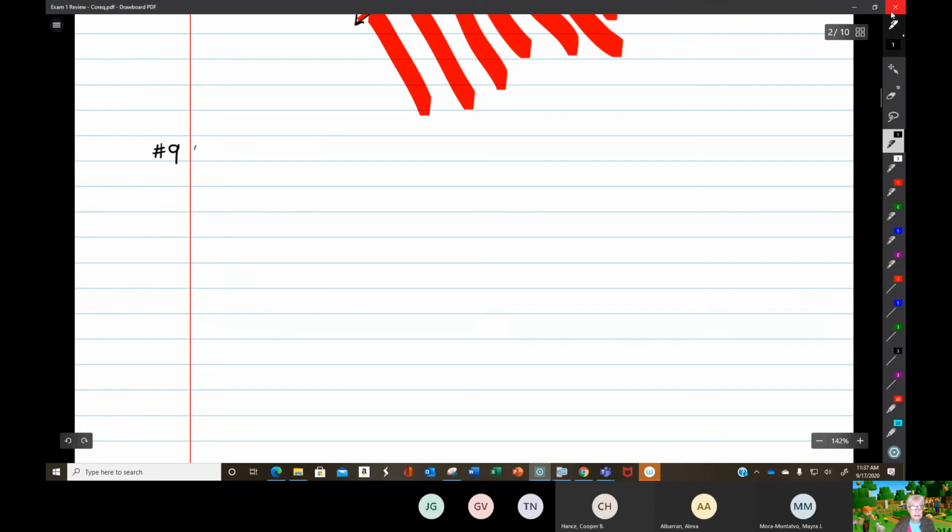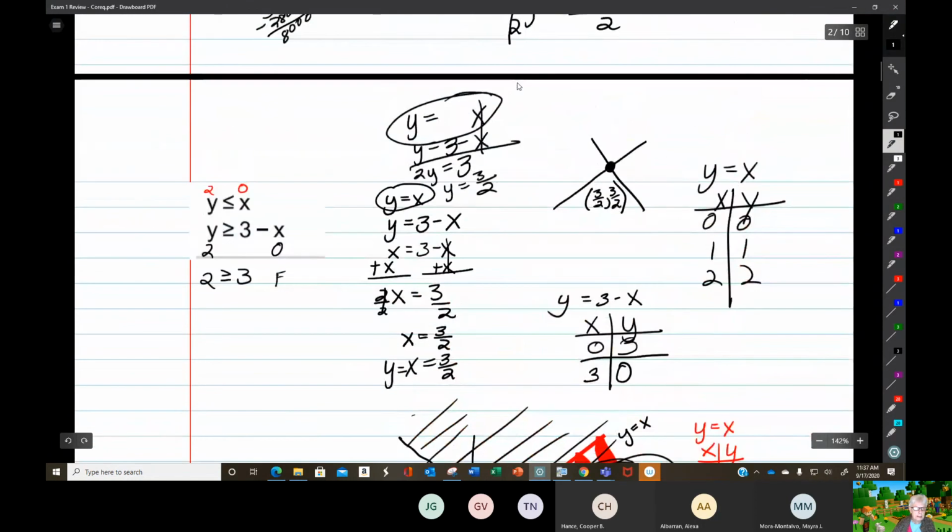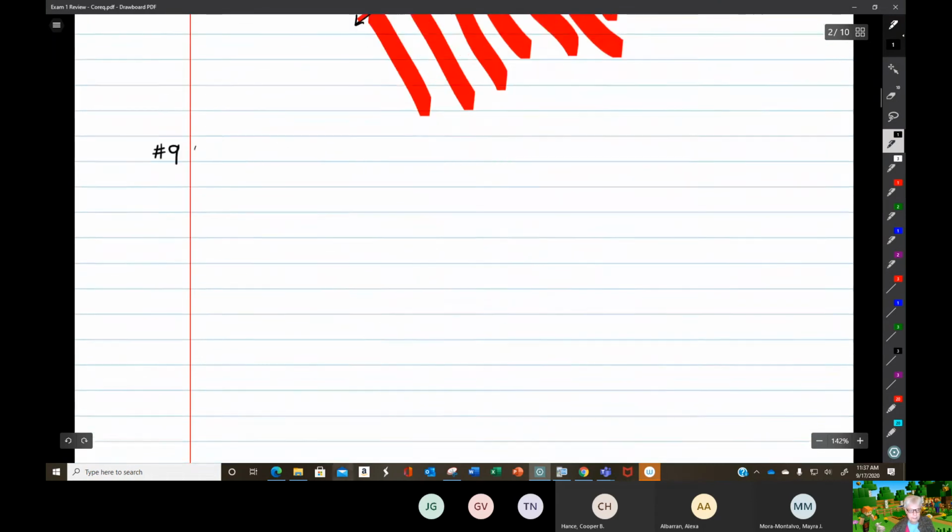This is 9. This was the problem that came before it, so this is number 8. We're going to be finding the difference quotient f of x plus h minus f of x over h.